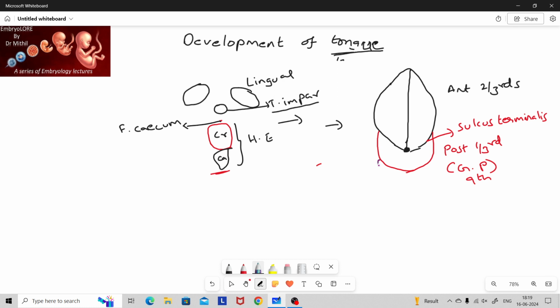So the posterior most part of the tongue is from the caudal part of the hypobranchial eminence, and this caudal part also gives rise to the epiglottis.